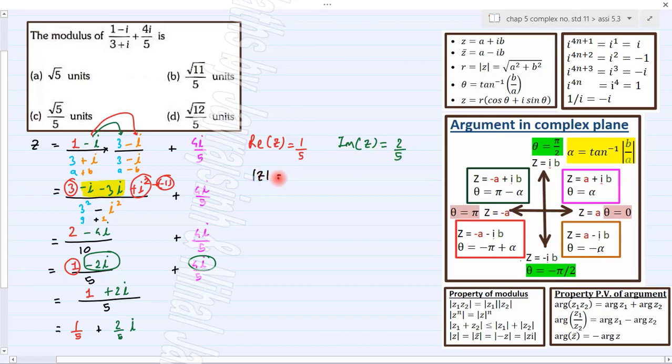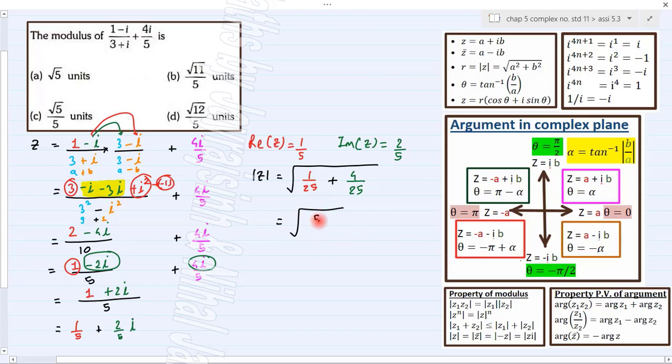So we can easily get mod z, which is under root of real part square plus imaginary part square. So here we'll get under root of 5 by 25, or we can say root 5 by 5, which is given in option C. Ta-da!